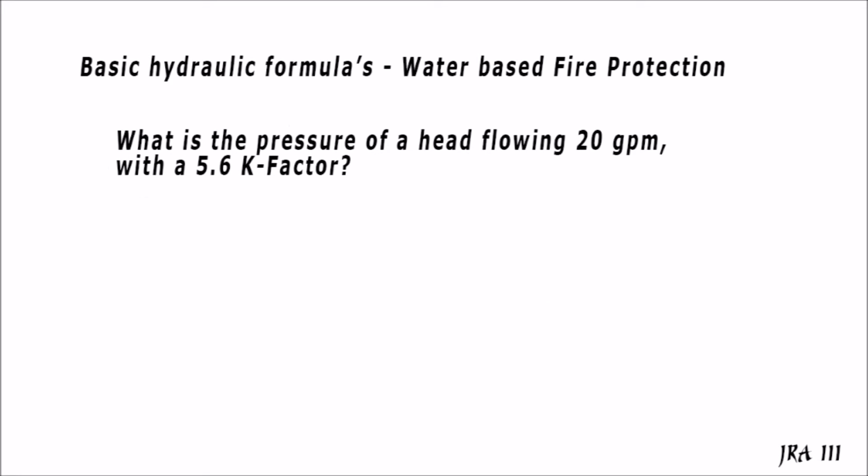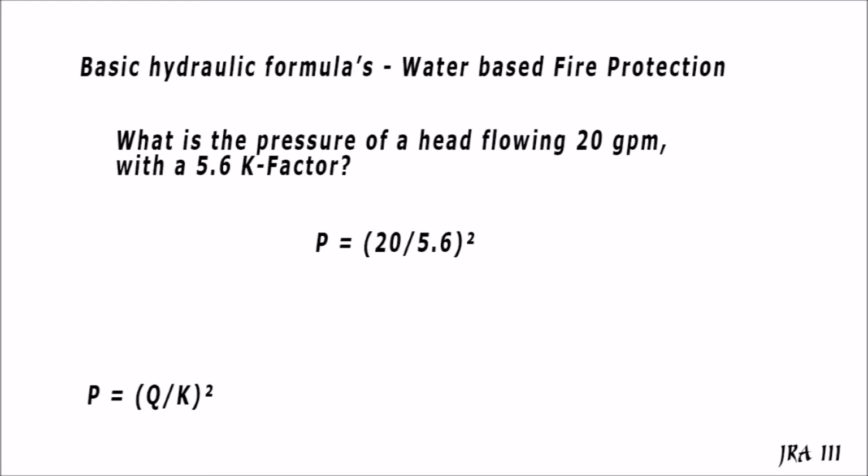So, going into some examples: what is the pressure of a head flowing 20 GPM with a 5.6 K factor? We're trying to find pressure, so we want P equals (Q divided by K) squared.